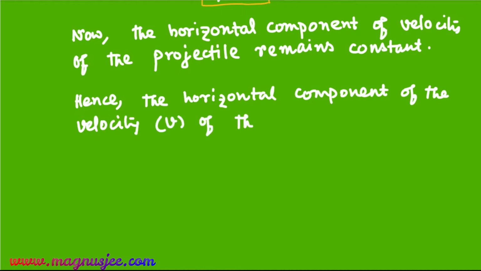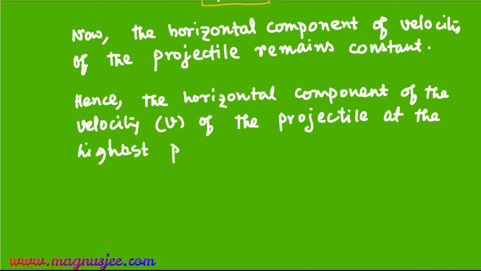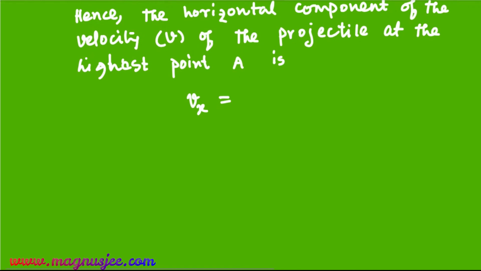At the highest point A, Vx equal V cos 0 degree, because Vx is parallel to V. Therefore, we get Vx equal V. Also, the horizontal component of velocity remains constant.